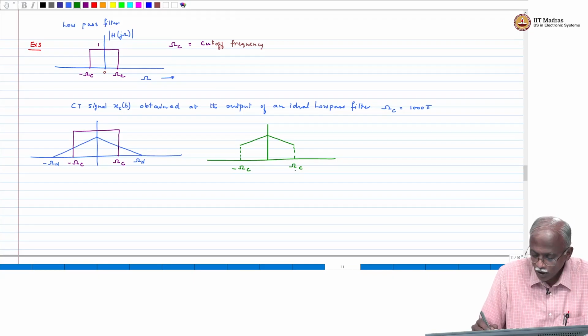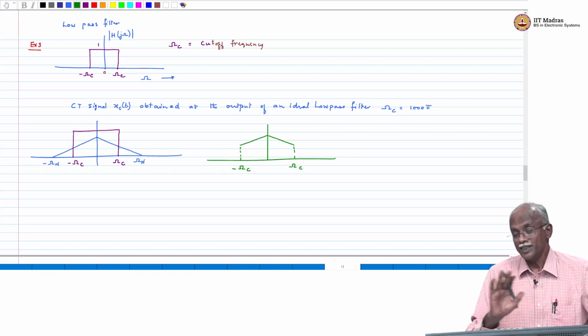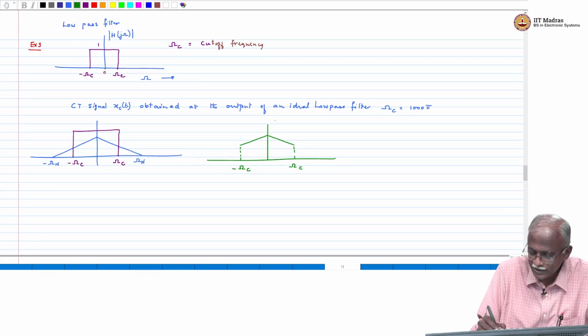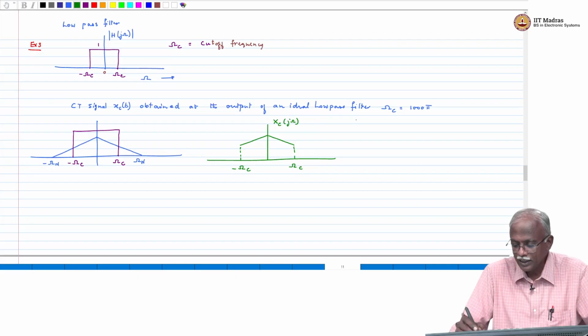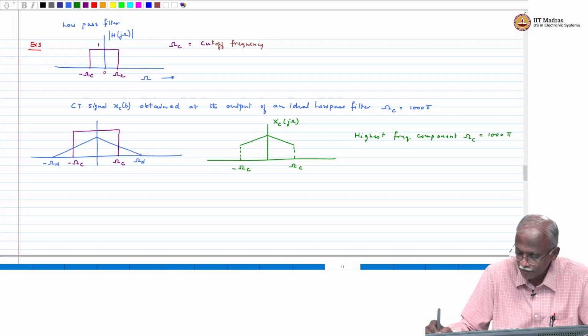Now, what is the Nyquist criterion in this case? Same principle. You look at your signal, this is x c of j omega. What is the highest frequency component? The highest frequency component is omega c, which is the cutoff frequency, equal to 1000 pi.